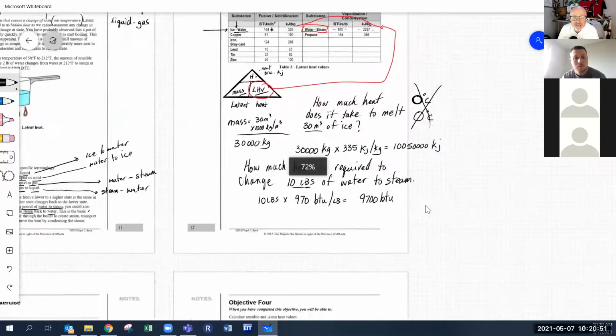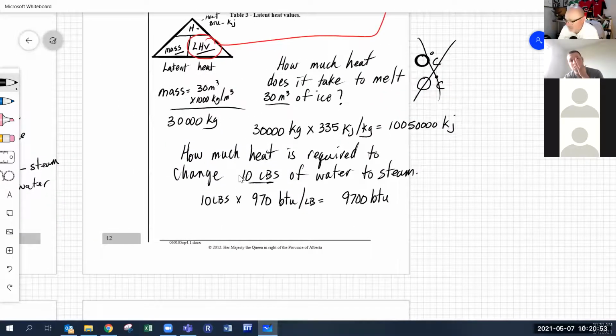Well, if this was 10 pounds of steam and I do the latent heat of condensation, it means that I can get 9,700 BTUs of heat from it. So this is the basis of steam radiators. When you fill a radiator full of steam, say you have 10 pounds of steam in this rad, as it condenses, it will give off all its heat, right? At 970 BTUs per pound.